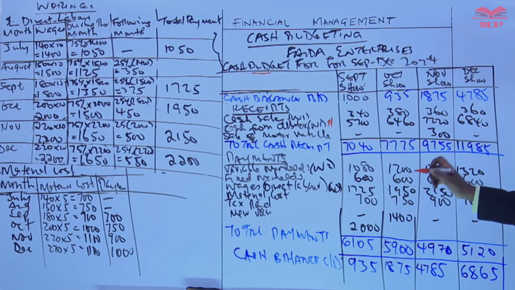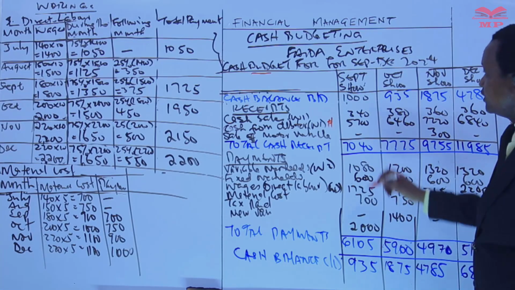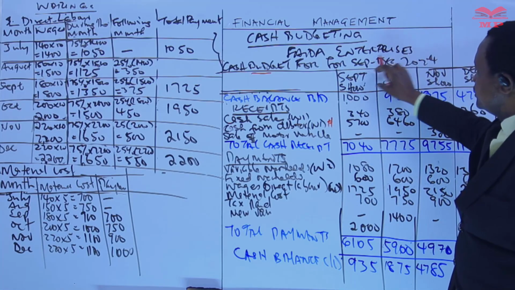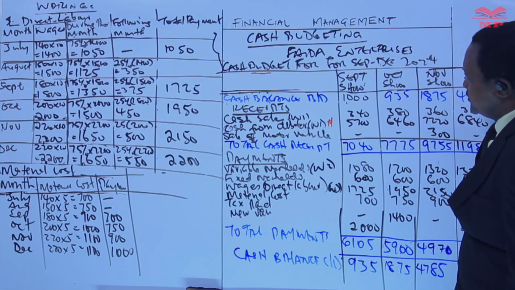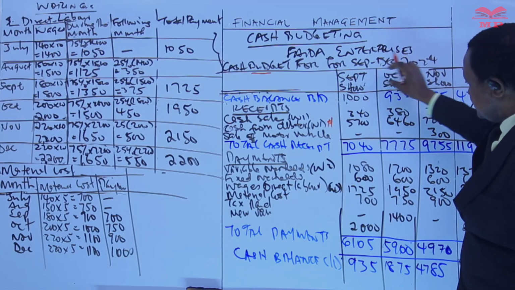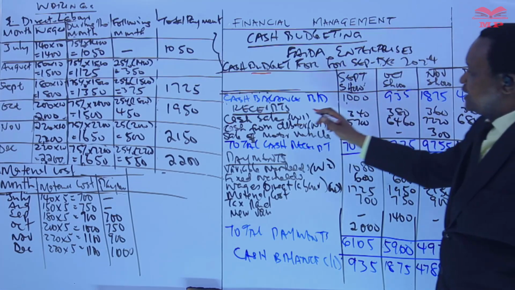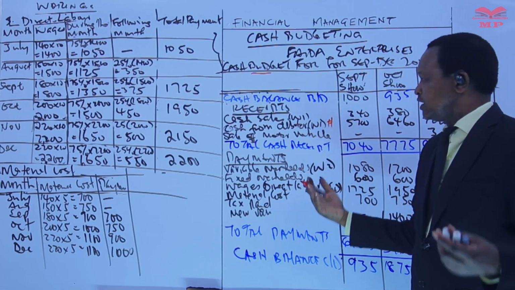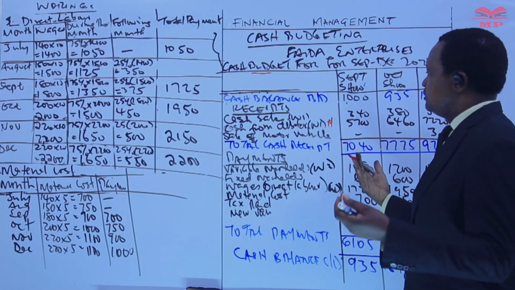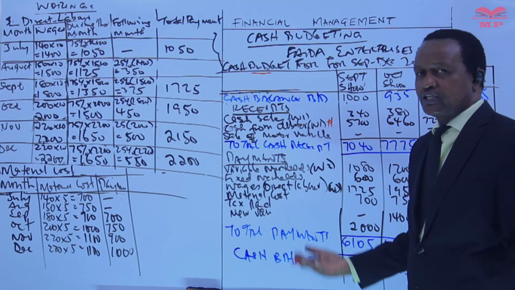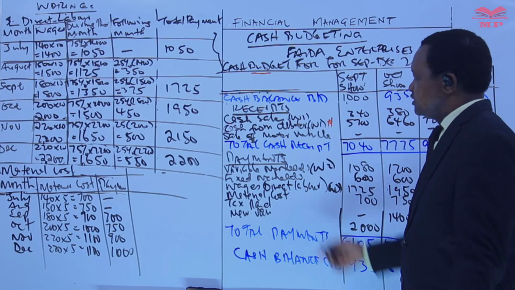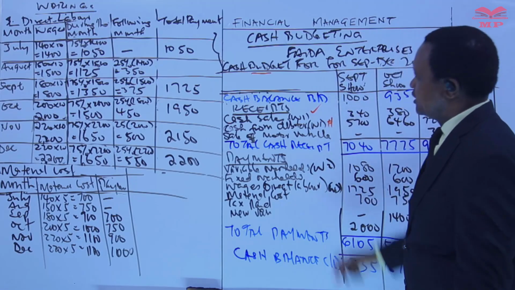So that's why I recommend in the exam, try to first get the dates, do the structure, the dates, the day, the period. Then identify from the question what are the likely receipts. And if you are doing a cash budget for business, receipts, you must have cash sales.